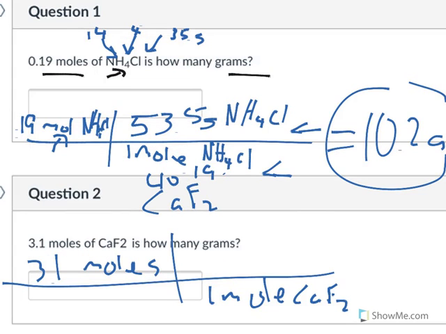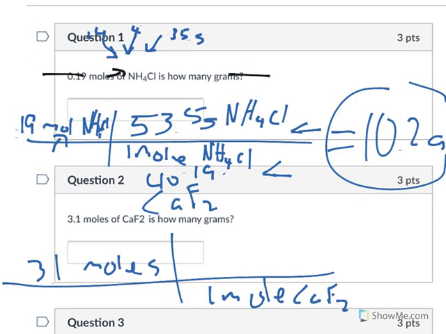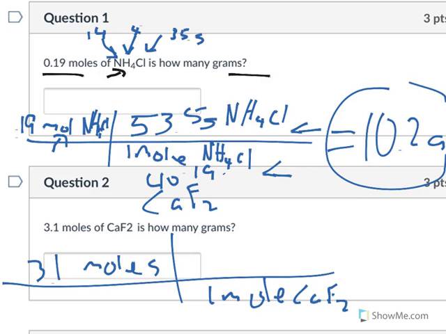So we have 40 plus 19 plus 19. Sorry, I just messed it up. 40 plus 19 plus 19, so that's going to be 78 grams here.